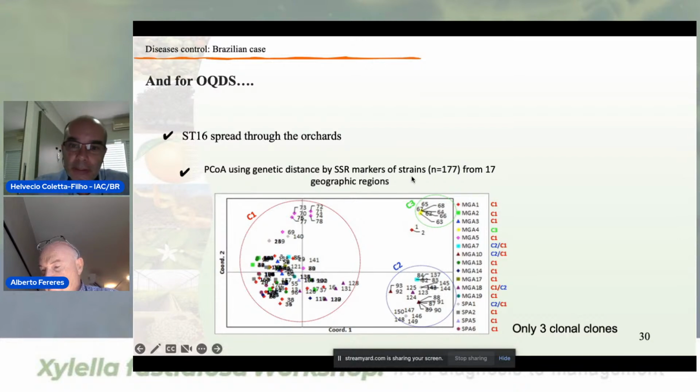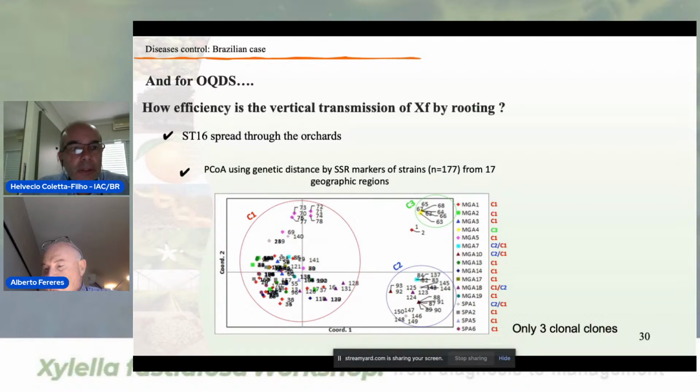Even analyzing a great number of isolates, you don't have more genetically variable strains present in those plants.